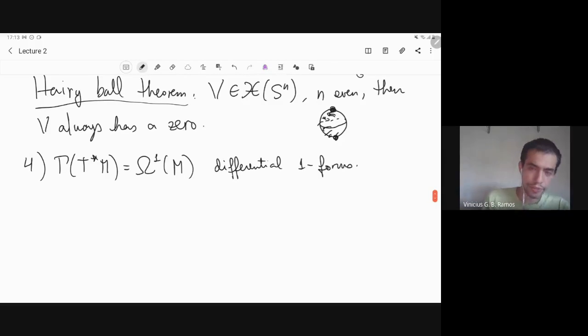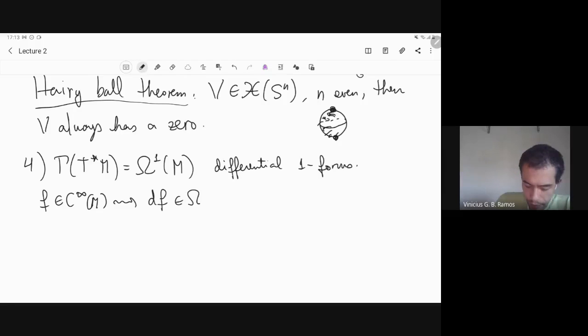A very interesting construction, which I alluded to last time, is that if you have a smooth function on the manifold, then you get its differential, which is a one-form, a section of the cotangent bundle.